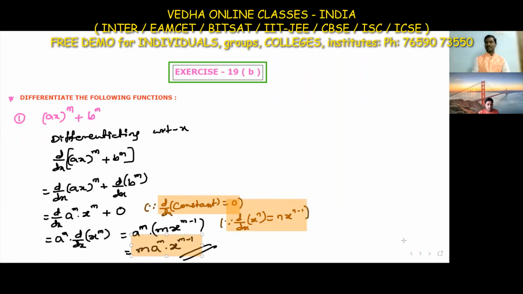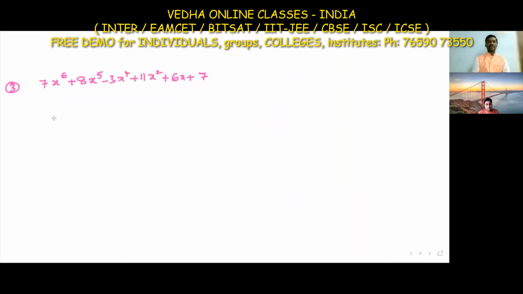Now if we go to the next question, differentiate the following. This is the function here. We are going to differentiate this function. Now I am differentiating with respect to x on both sides.